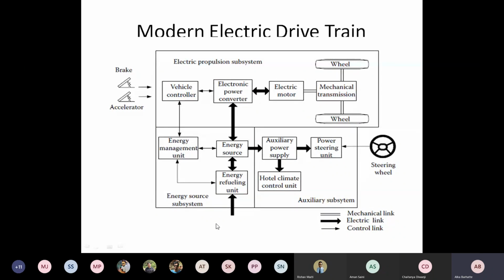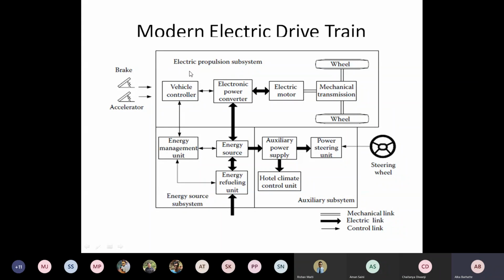It consists of three subsystems: the electric propulsion subsystem, the energy source subsystem, and the auxiliary subsystem.